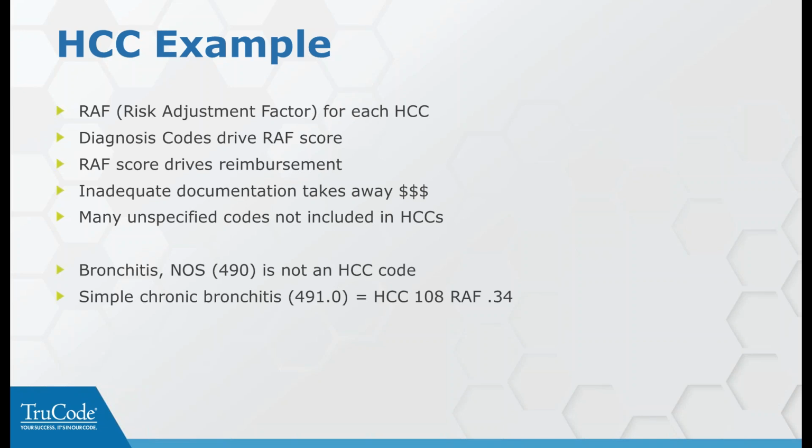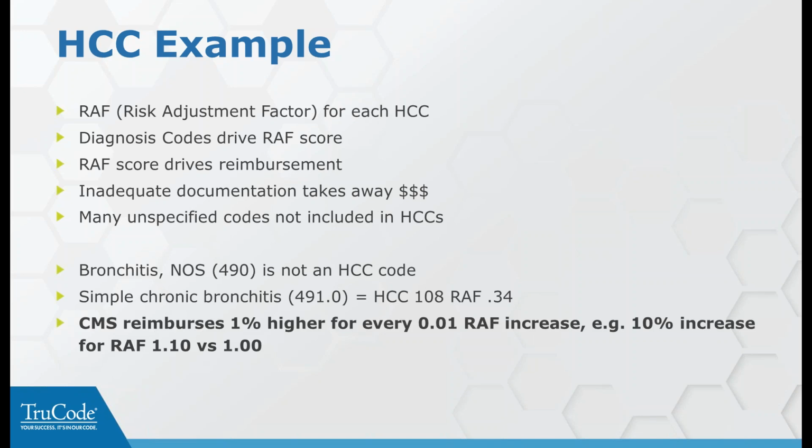Again, an example here is bronchitis not otherwise specified is not an HCC code, but simple chronic bronchitis is captured as an HCC, and you can see the relative weight for that. And basically, for every 0.01 increase in that risk score, you get a 10% increase in reimbursement from CMS.